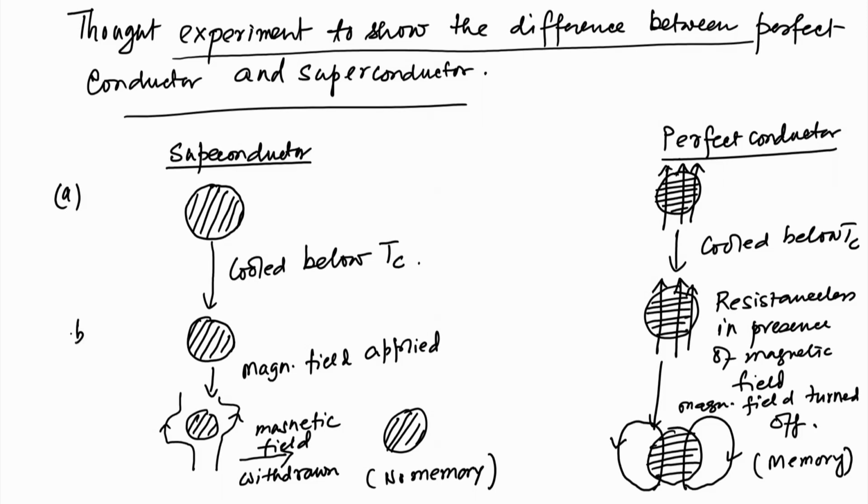So, if you compare, this is A, this is B, this is C, and this is D, and now we have this, let us call it E, this is F, and this is G. So, if you compare D and G, it is easy to see that a perfect conductor depends on its history, and the Meissner effect does not happen in a perfect conductor, and that is what distinguishes perfect conductors from superconductors.